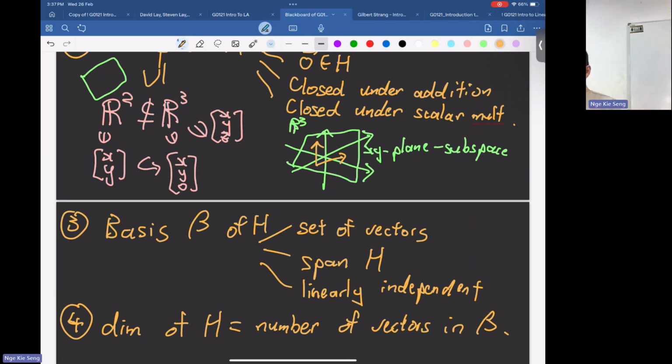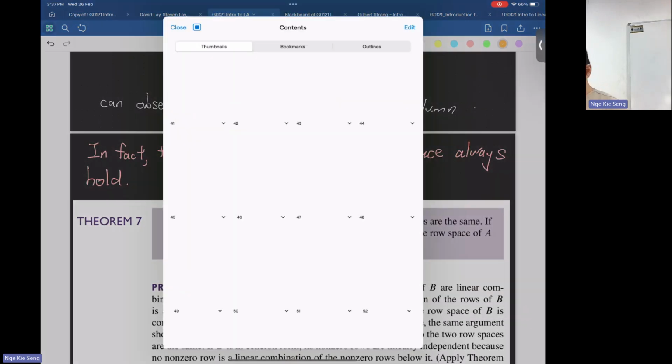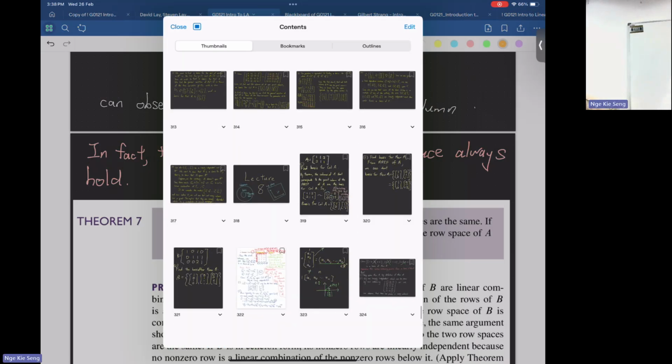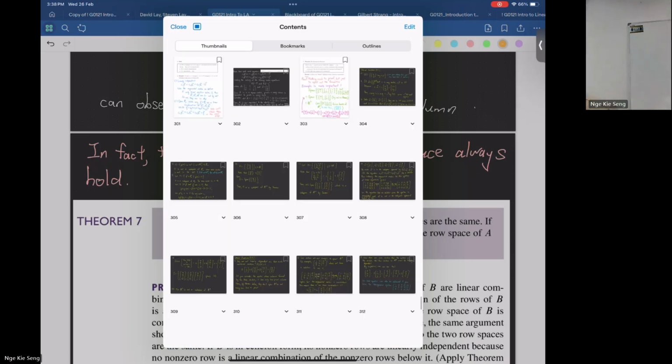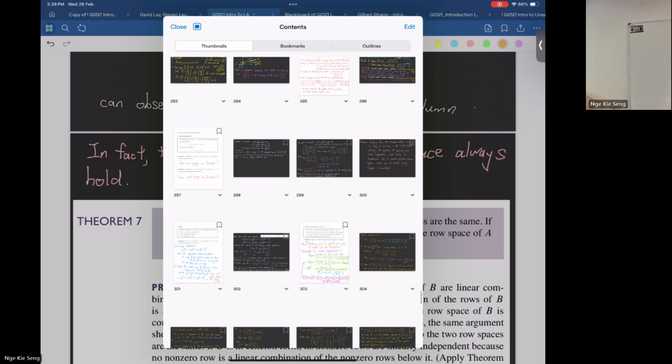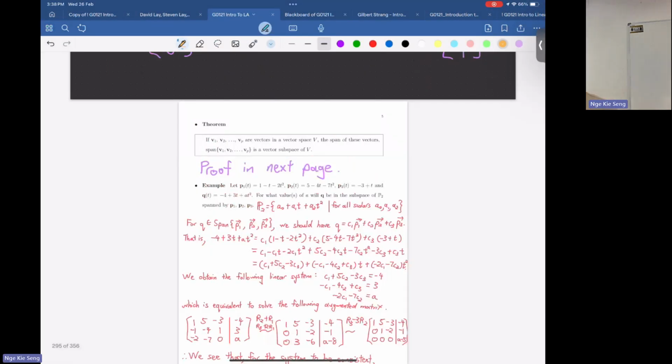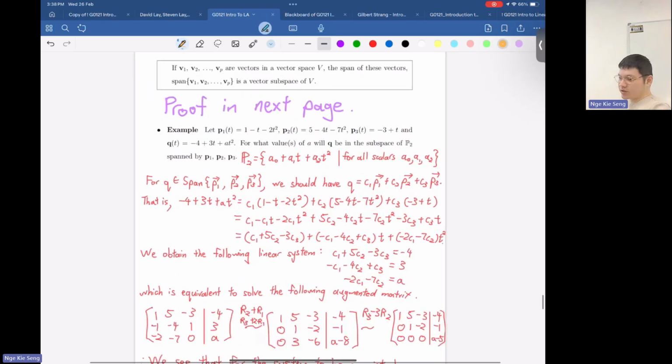So why are we abstracting these ideas? Last time I showed you examples, right? Let's go to the examples. Why are we doing these? For example, if you want to solve a span problem, we can easily reduce the span problem into some augmented matrix calculation.